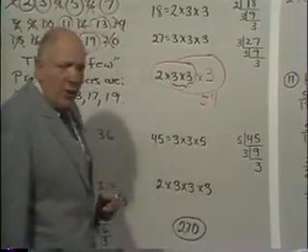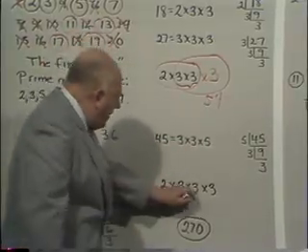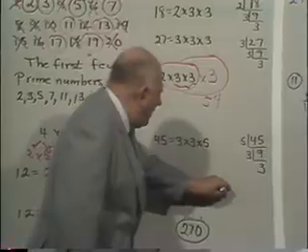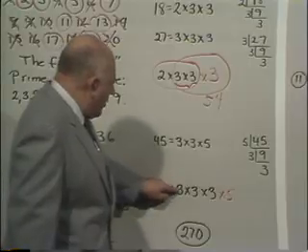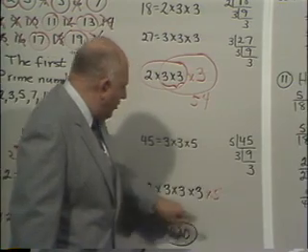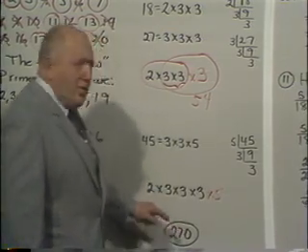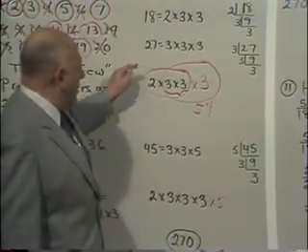What do I need for 45 to go into a number? I need 2 3s and a 5. Well, I already have the 2 3s. All I need is the 5. So if I multiply 2 times 3, which is 6, times 3 is 18, times 3 is 54, times 5 would be 270. 270 is the least common multiple of 18, 27, and 45.